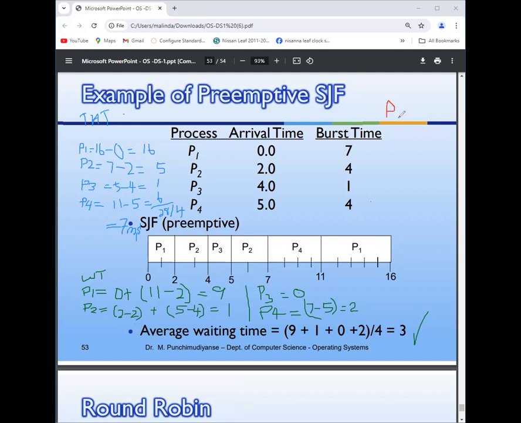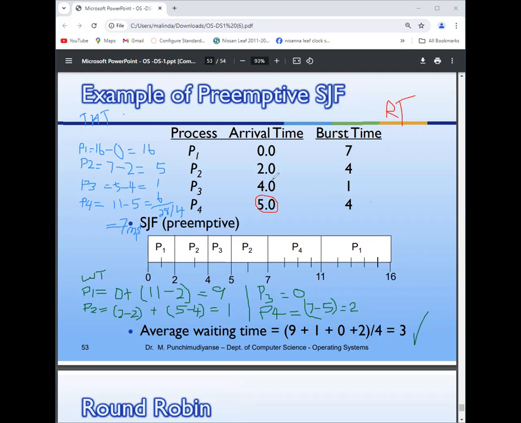So as response time we are going to calculate. Right. Sir, excuse me. Yes. How is P4's arrival time 5? Here, arrival time is 5, given here. See, P3 also 4, no?